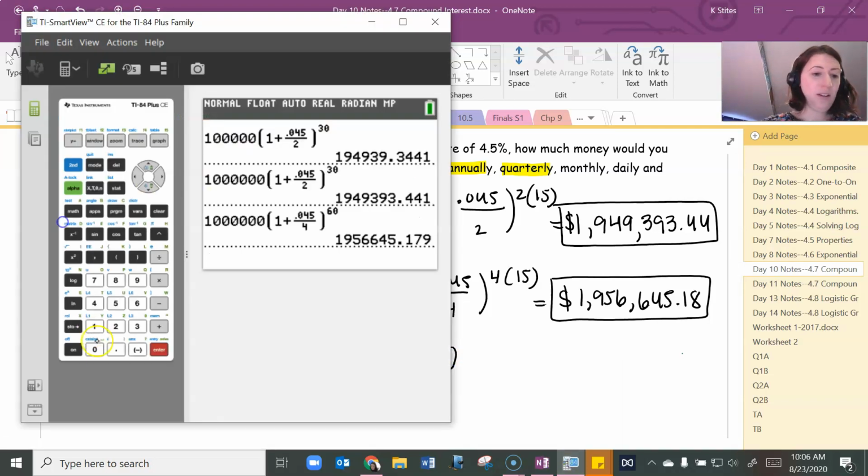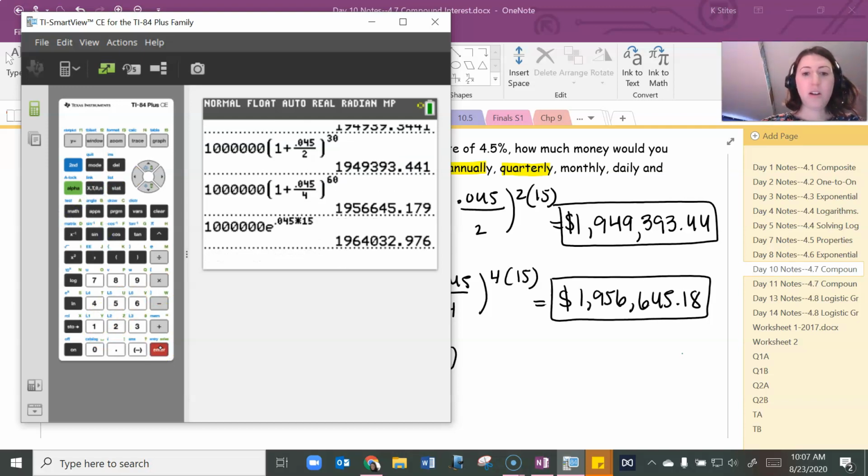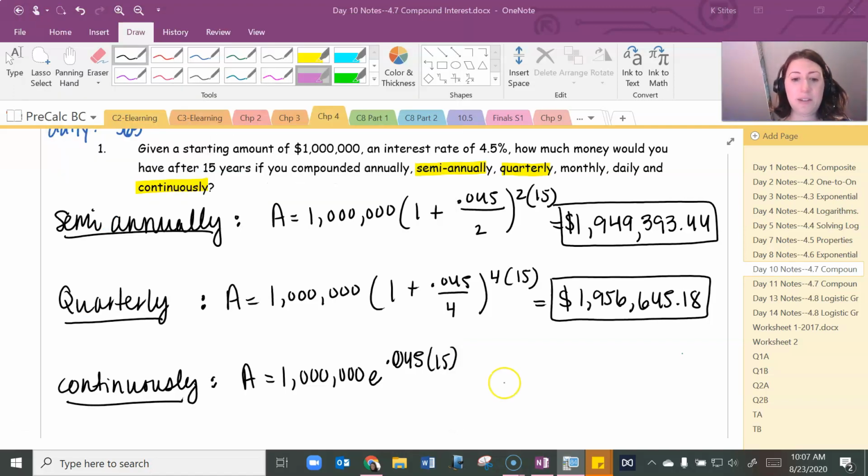Let's type that in: 1, 2, 3, 4, 5, 6, times e to the 0.045 times 15. Oops, there's supposed to be a times in there. All right, and you'll see we've gotten the most. It's not terribly different again, but $1,964,032.98.